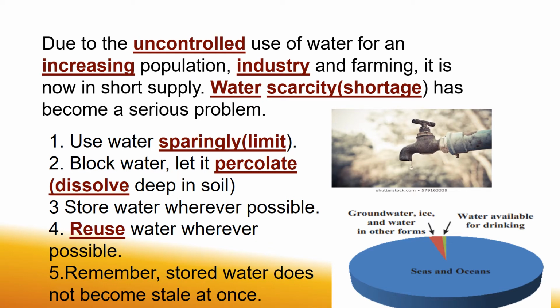Which is the least proportion where water is found? The green shaded portion. That means water available for drinking is very less, children. Therefore, we should use water sparingly.